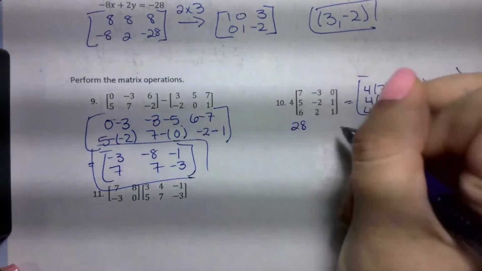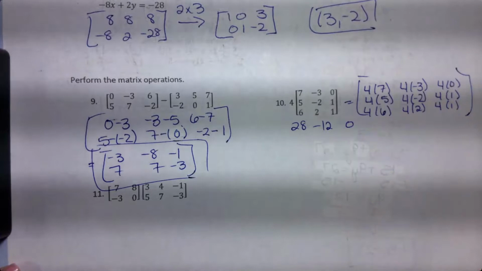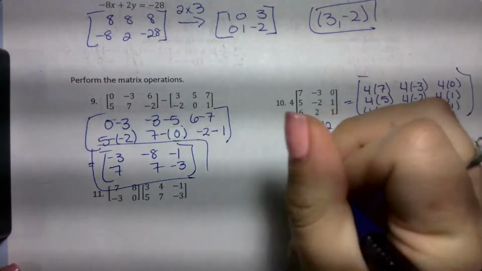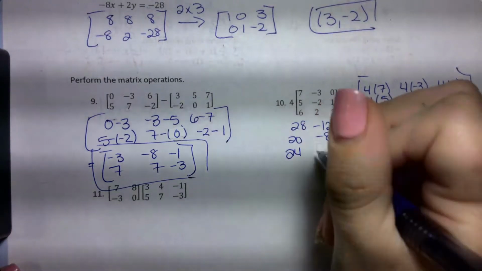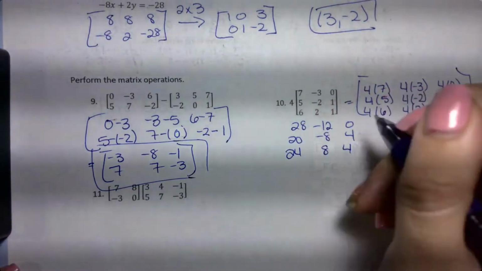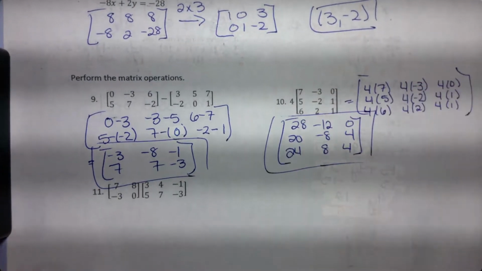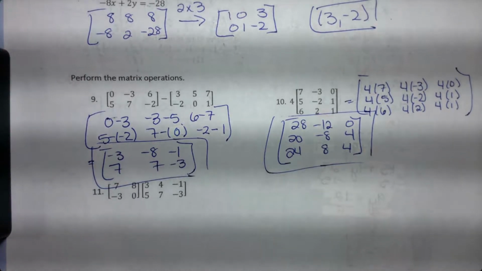It's going to give me 28, negative 12, 0, 20, negative 8, 4, 24, 8, 4. That's my final answer. On these questions, even though they're only worth 1 point, if you don't show your work, you will lose half a point.